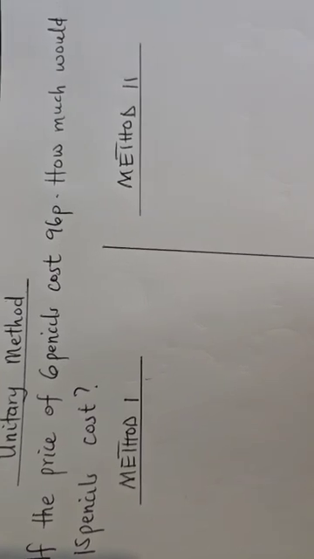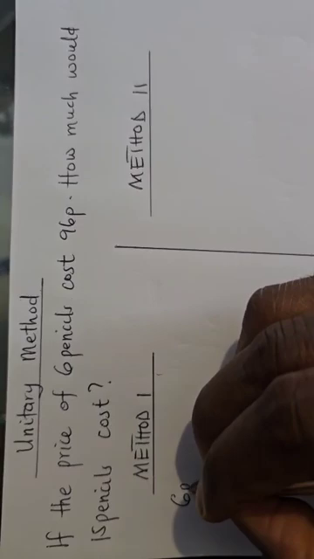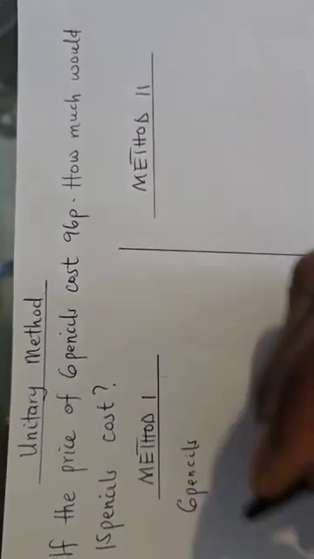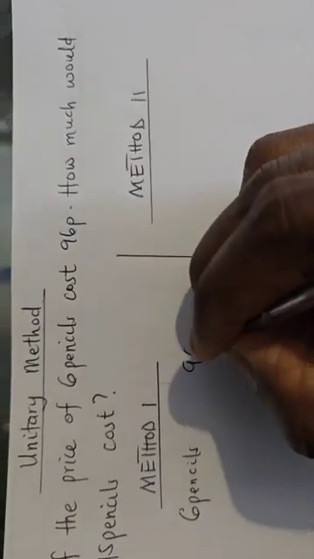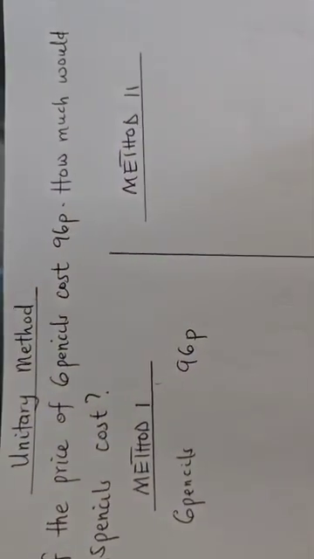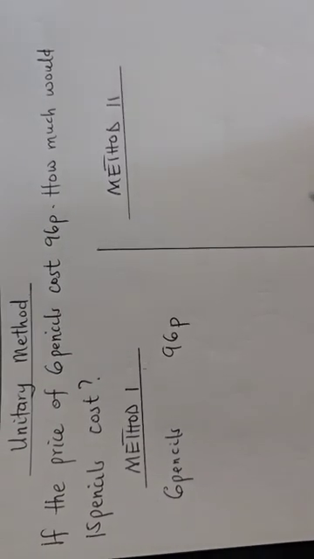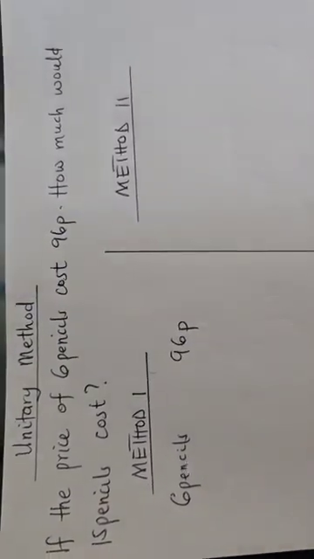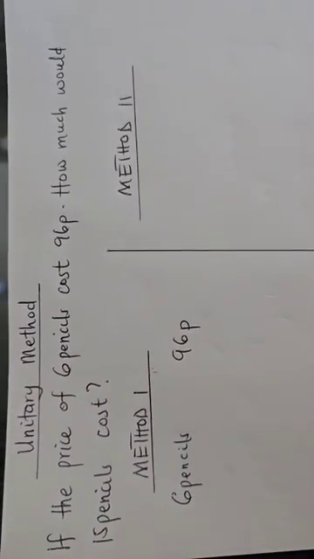Now, if I want to use the first method, I'm having 6 pencils and the price of these pencils is 96 pence. To find the price of 15 pencils, the first method is you can do this by finding the price of one of the pencils.